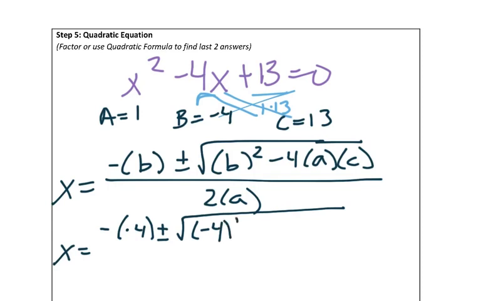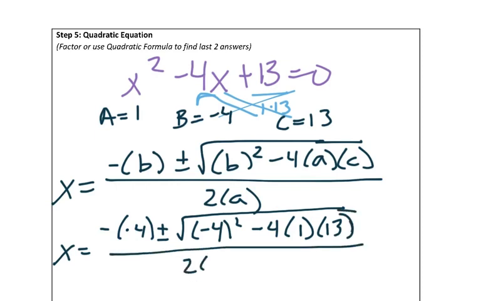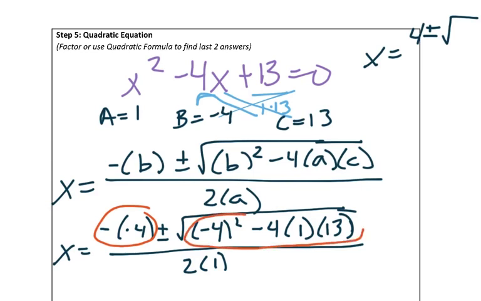Then we'd have negative 4 again in the next parentheses, 1 in the next parenthesis, 13 in that last one on top, and 2 times 1 on the bottom. So we're going to do this in groups. This first one tells me that I get x equals 4 plus or minus the square root. And I'm going to do the part that's underneath all at once.